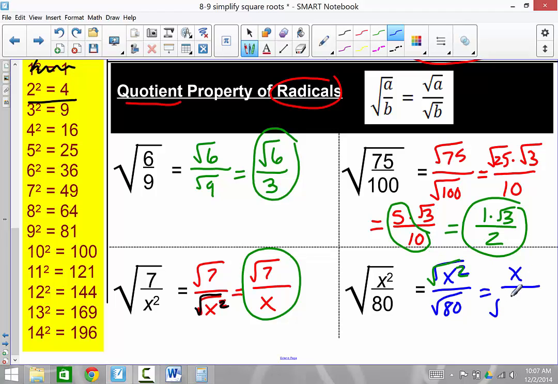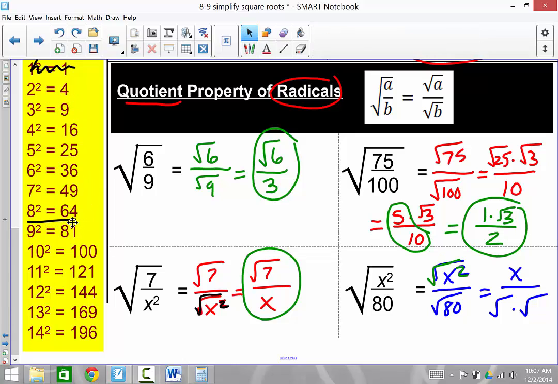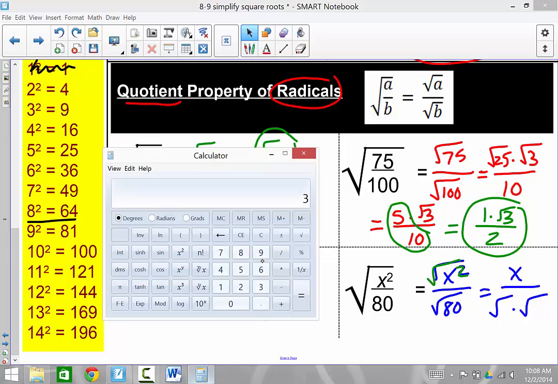Bottom, well, let's break down the square root of 80. So I know that 80, I need to pick numbers 64 or lower. So let's take a look. Does 64 go into 80? No, it does not. 80 divided by 64 doesn't come out to be a whole number. 49 I know doesn't go into 80. How about 36? 80 divided by 36.